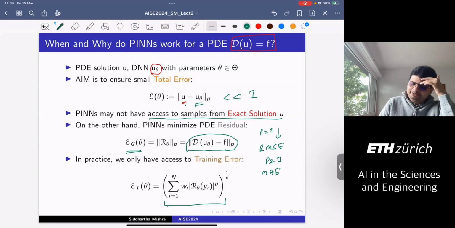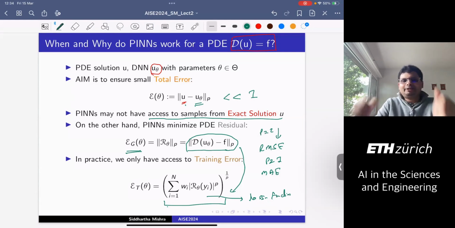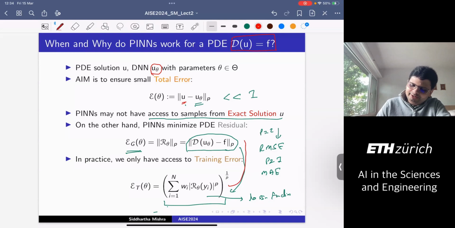In practice, what you have access to is the training error, which is nothing but the pth root of the loss function, because this is my loss function. So the idea is that by making the loss function as small as possible, can I go back, make the total residual small, and eventually make the total error small?